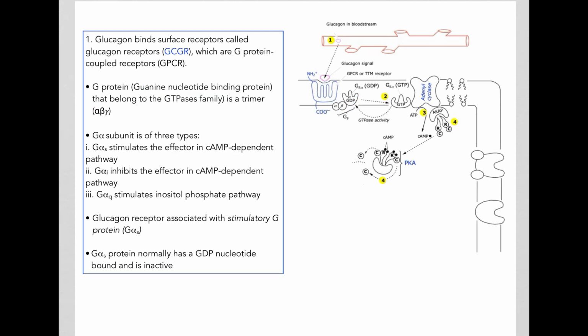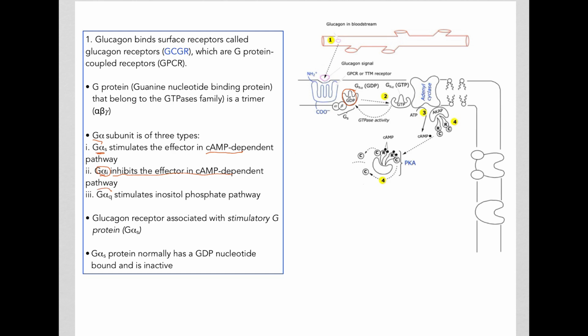The alpha subunit here can be of three types. So we could have G-alpha S. This will stimulate the cyclic AMP dependent pathway. Then we have G-alpha I. If the receptor is associated with G-alpha I, then that would inhibit the cyclic AMP dependent pathway.